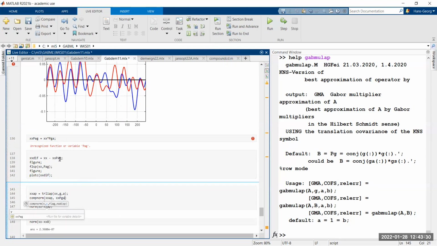Okay. Oh yes, so the G_A was also here, not here. And P_G_A, so yeah, that was nonsense anyway. So let's see if there are more typos.